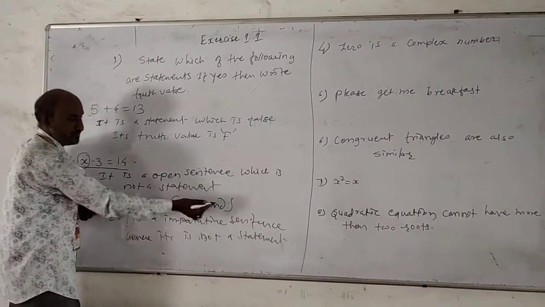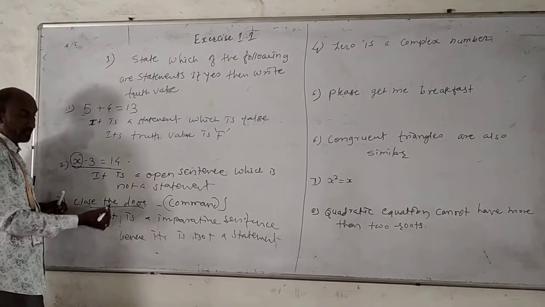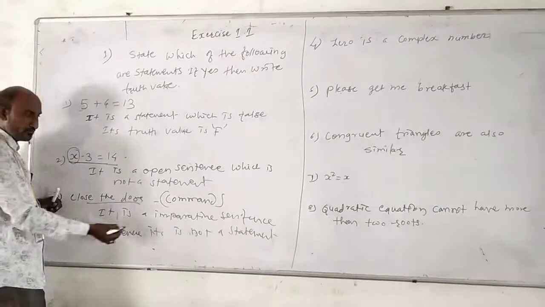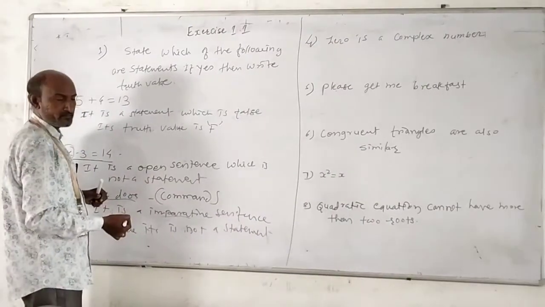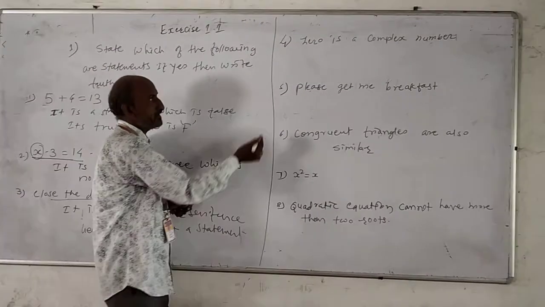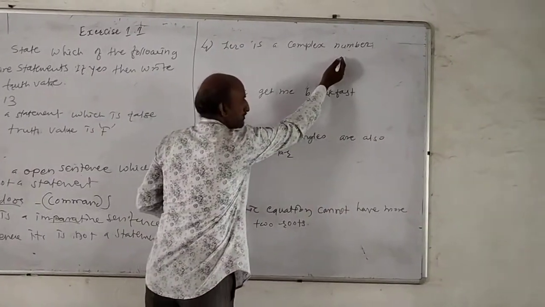Hence it is not a statement. It is a sentence, but which type? Imperative sentence. Getting it? And the next one is: 0 is a complex number.